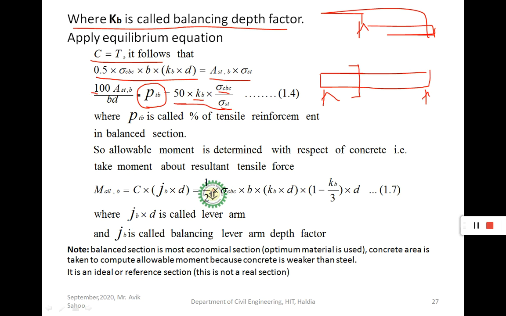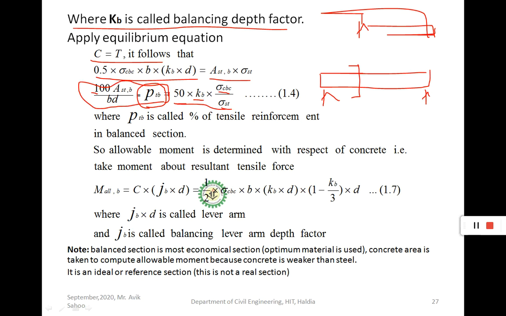This is a very important term that you have to remember. You must know the expression of percentage of tensile steel, which is equal to 100 AST by bD, because when we start design, this expression is frequently used. You must know this term, and in the code also the percentage of tensile steel is mentioned.